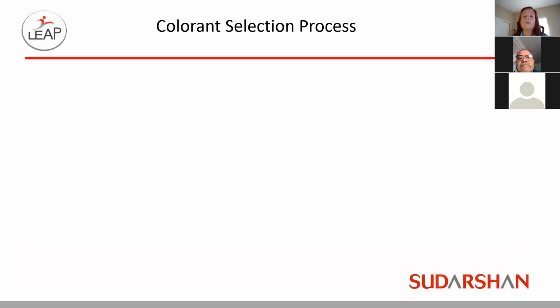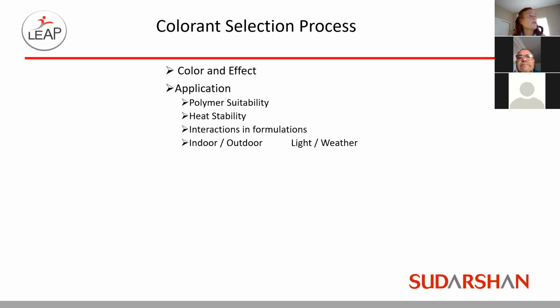So the colorant selection process for plastics, of course, starts with the color and the effect that you're trying to achieve with your end application. And then from there, we certainly have to take into consideration the application. So what polymer do you need this formulation in so that we can match the appropriate colorant to that polymer from a suitability standpoint. Heat stability, as I mentioned, is always key.